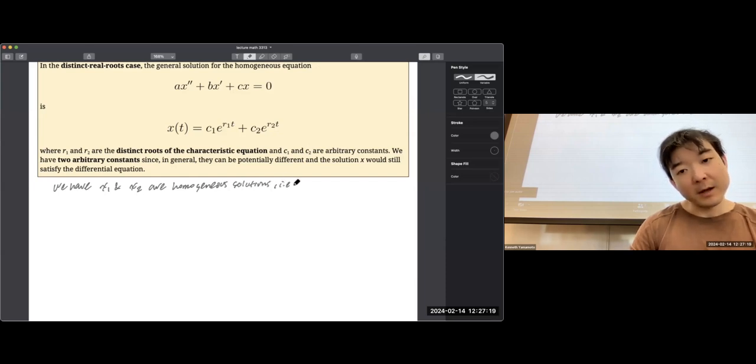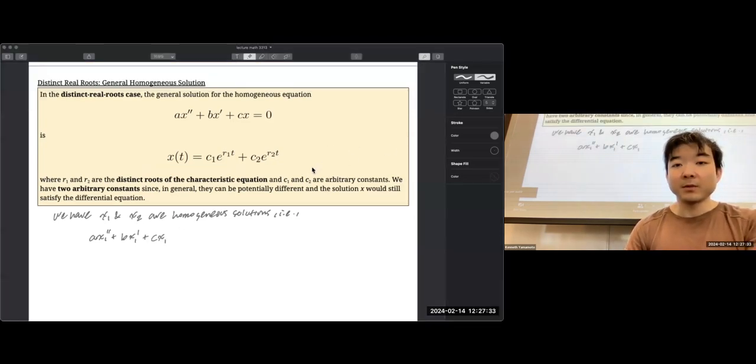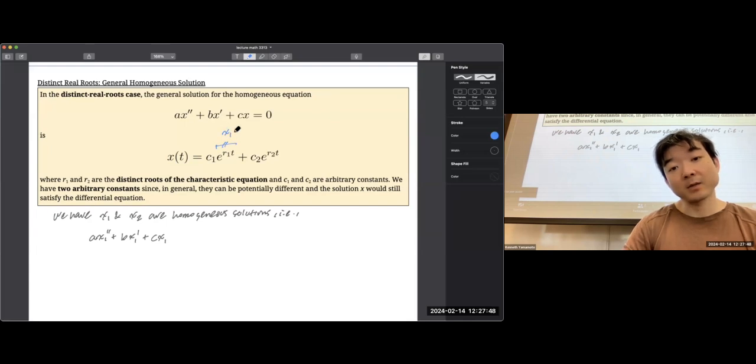What does this mean? This means that you have A x1 double prime plus B x1 prime plus C x1. I'll just make some labels. The book says this, but let's call this your x1.